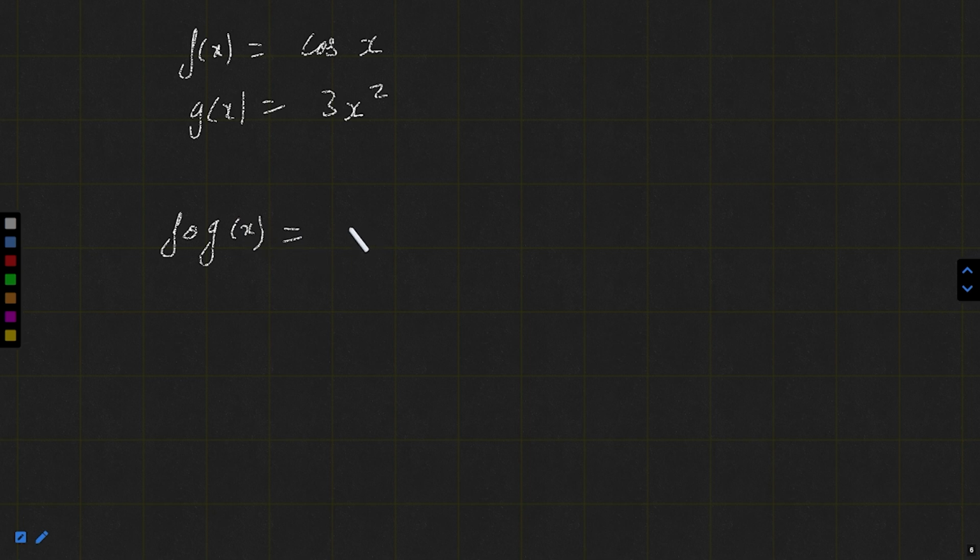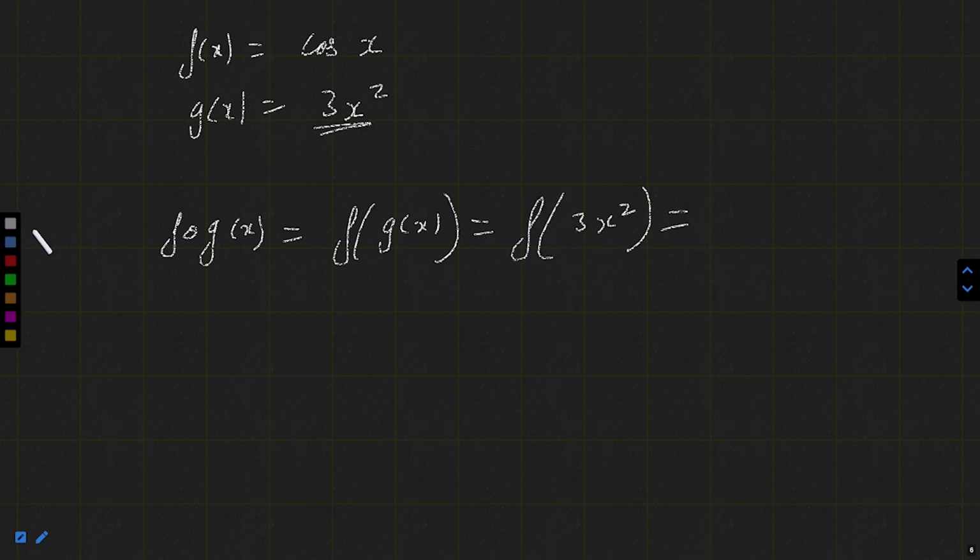What is it equal to? F of g(x), and g(x) is my 3x square. Now f(x), as you can see over here, when f is operating on x, what will be the output? Cos x. Yes. Okay.